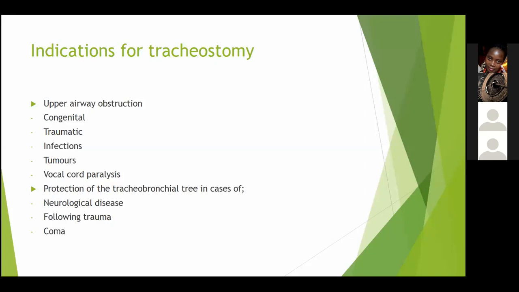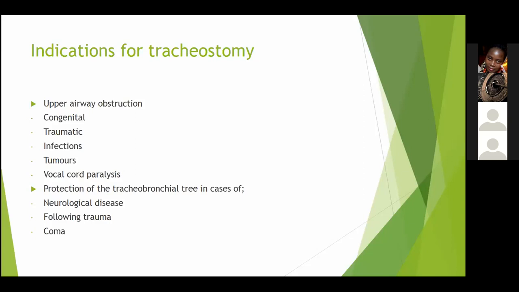Traumatic causes, for example, you have head injury, where you have facial fractures, mandibular fractures. If you have neck trauma and it's causing airway obstruction, for those, you need a tracheostomy to relieve the obstruction. Then you have things like infections, for example, laryngeal infection.